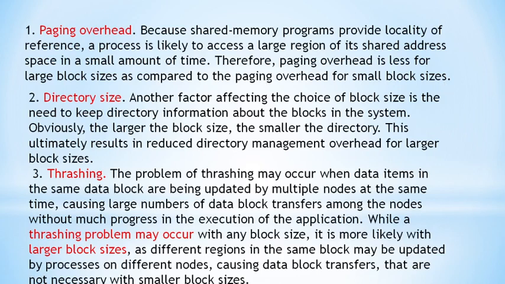So another factor which is affecting the choice of block size is that we need to keep directory information about the blocks in the system. Each memory is divided into different blocks.